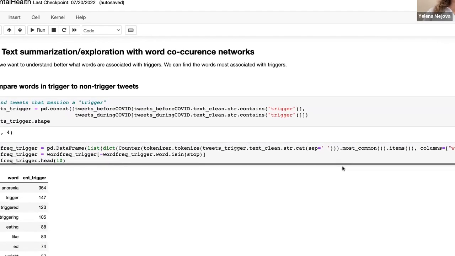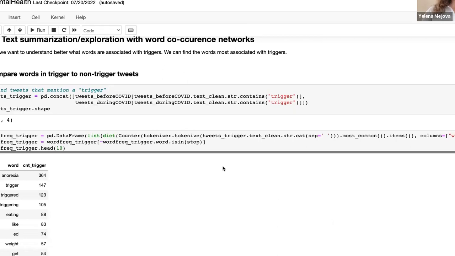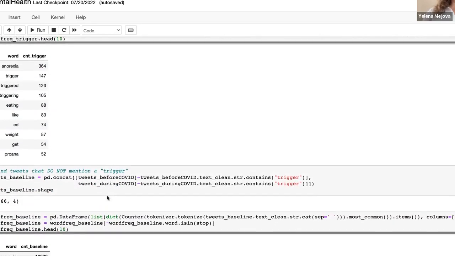Okay, so let's look at a particular dive into a topic. For example, we have some words that are about trigger, people mentioning triggers. We put them in one data set, so we're not making the distinction between before and after, and we do similar tokenization and counting, and we, of course, find people talking about triggers.